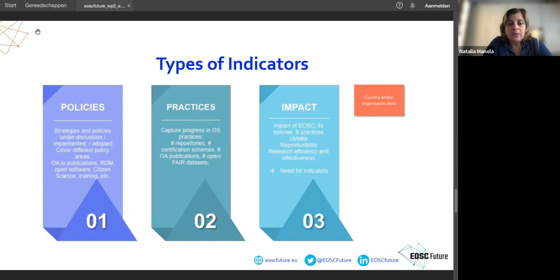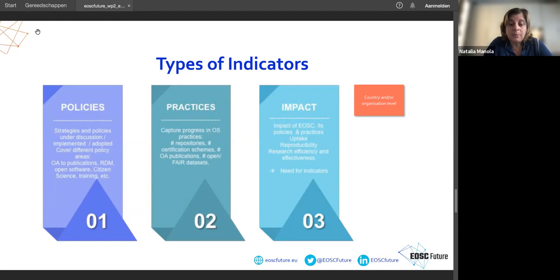So we will be starting by measuring the readiness from the policies. What are the strategies and policies that are under discussion, implemented, or adopted in each country or in each institution. And when we're talking about policy, we're talking about different kinds of coverage.